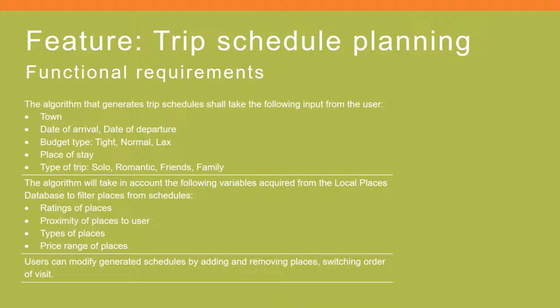The functional requirements related to the trip schedule planning feature are the following. 1. The algorithm that generates trip schedules shall take the following input from the user: the town that they're visiting, the date of arrival and the date of departure, the type of budget that they're traveling on, whether it's tight, normal, lax, where they're staying, be it a hotel, a rented house, etc. And what type of trip is this?